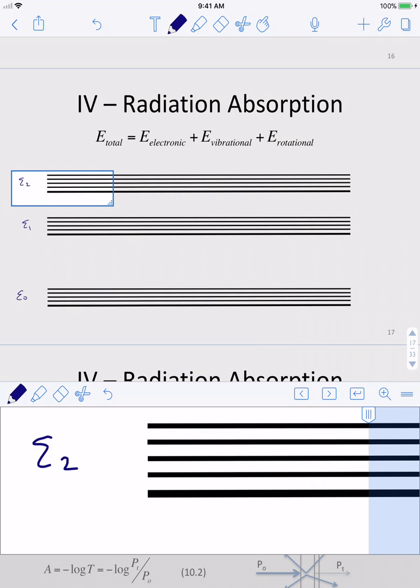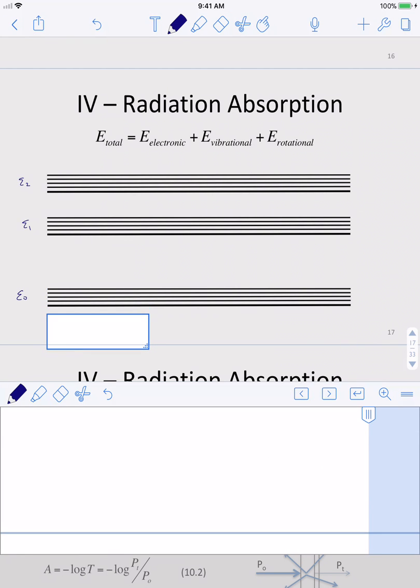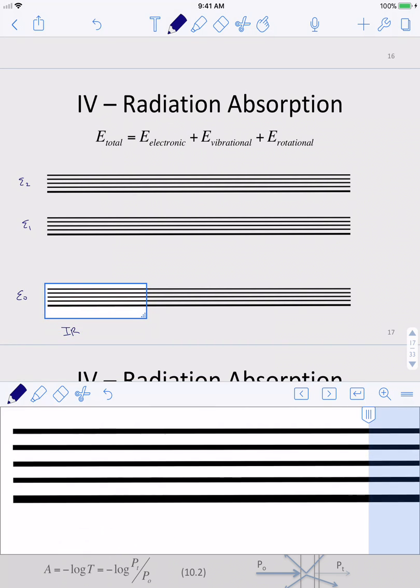If we think about IR methods, these are lower energy, so they are not enough to promote an electron from the E0 state to the E1 excited state. They provide insufficient energy to cause electronic transitions. So the only thing that we can get are vibrational and rotational energies, which are superimposed on that E0.